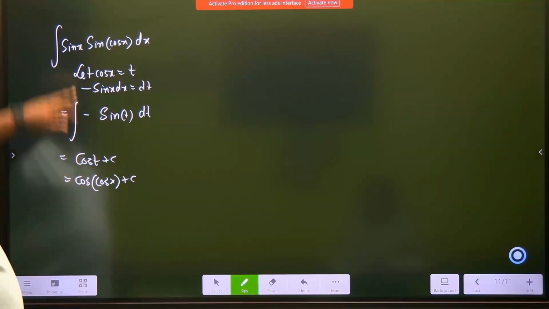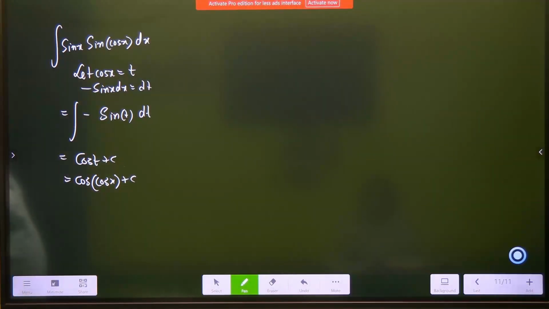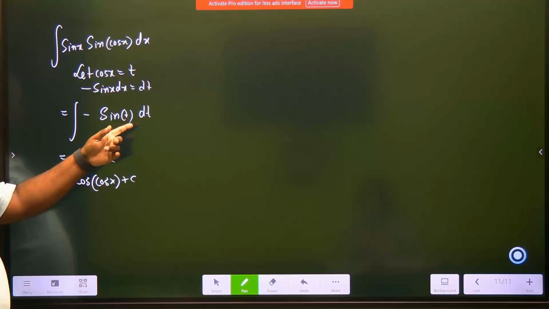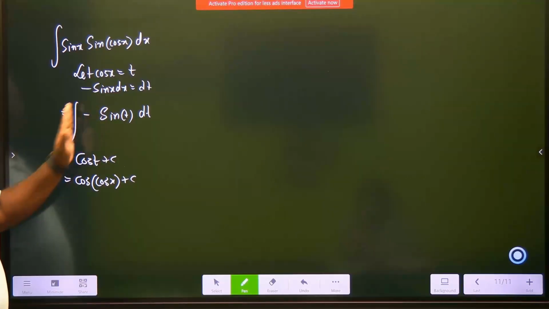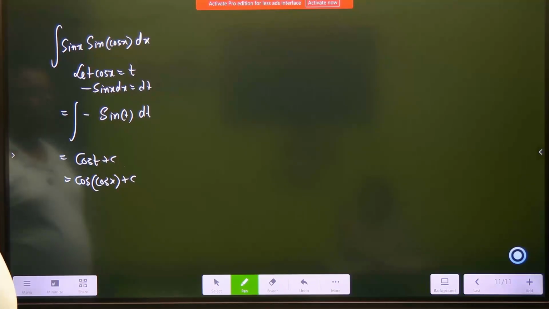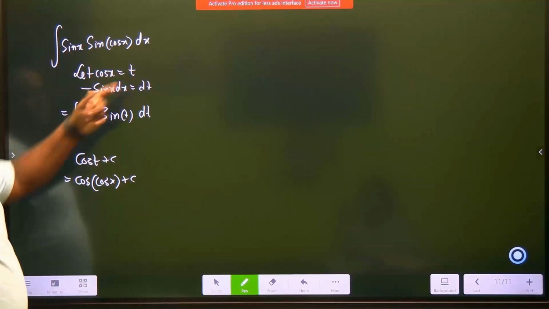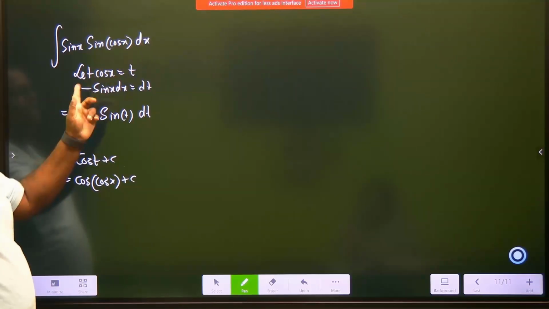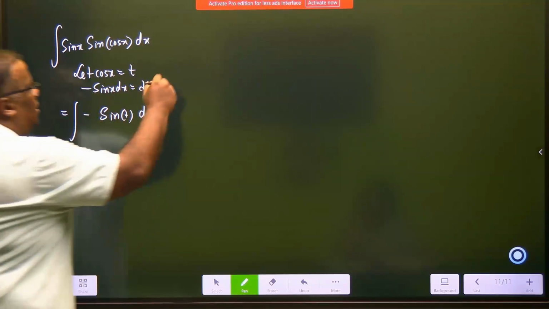If you differentiate this, you should get this. What is the problem, beta? Sin t dt. Integral sin t dt is minus cos t. Negative sin x dx is equal to dt.